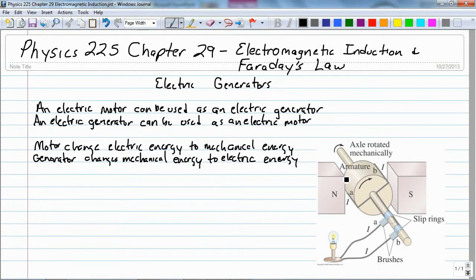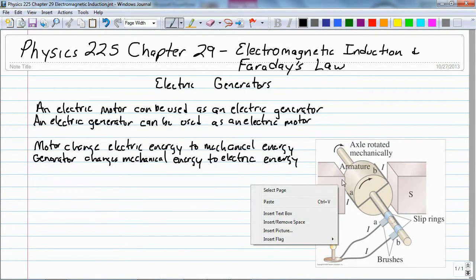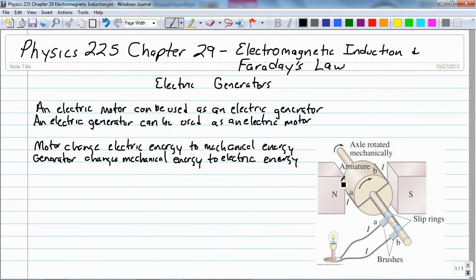Actually, the motor has the magnets curved in a way so that the magnetic lines always go through this coil perpendicular to this surface. So they're optimized, but we can come up with a formula for this.